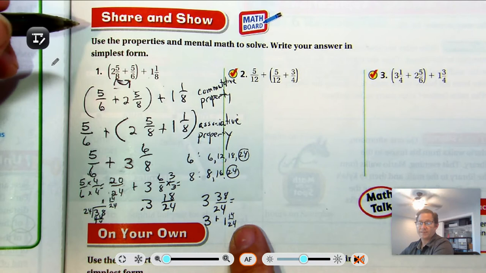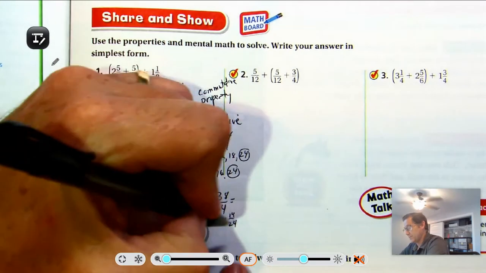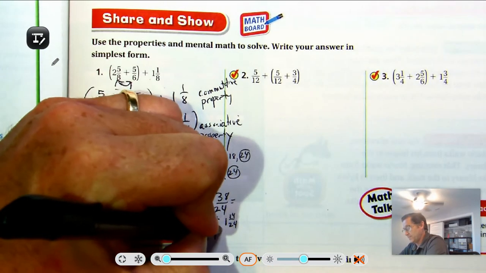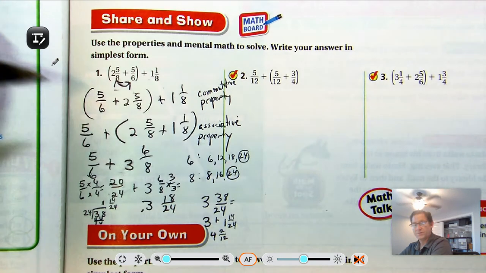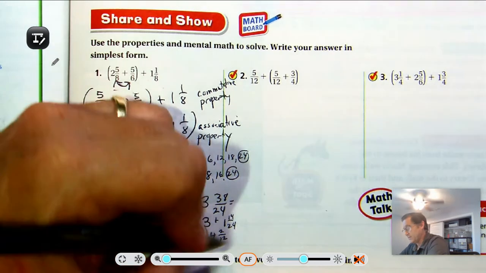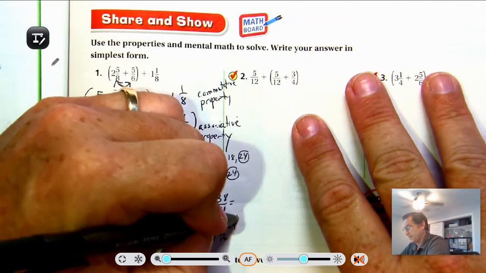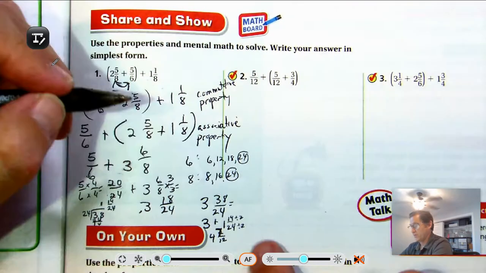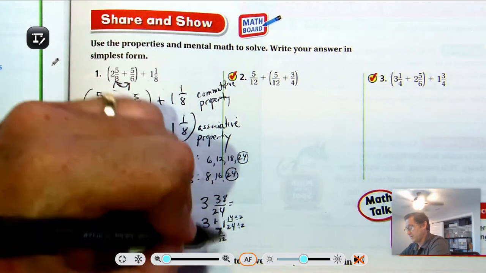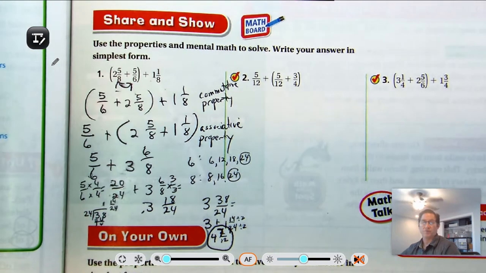What can go into both 14 and 24? 2. So we have 4 and 7/12. 14 divided by 2 is 7, and 24 divided by 2 is 12. So 4 and 7/12.